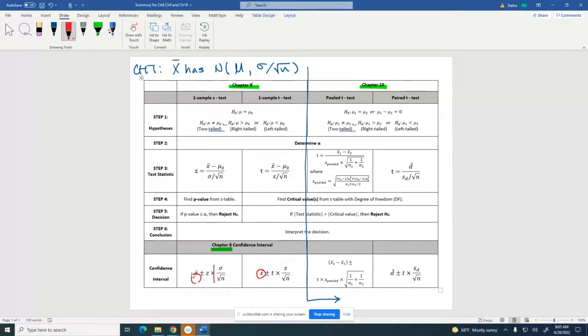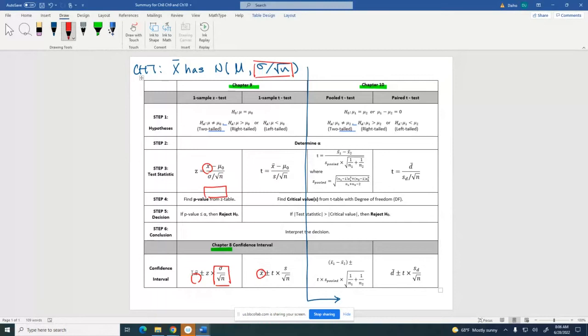And now it was this. Good, right? And also we plug x bar here. I'm so sorry, it is not easy to make a note on a table, right?